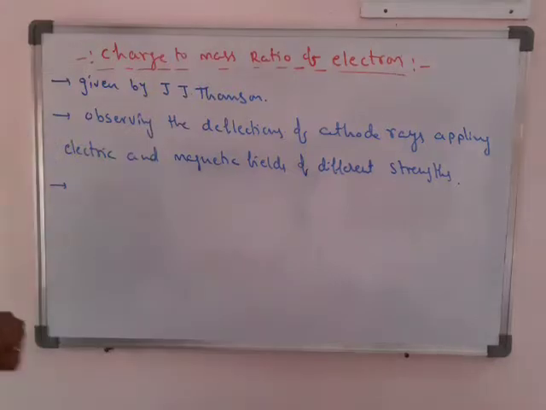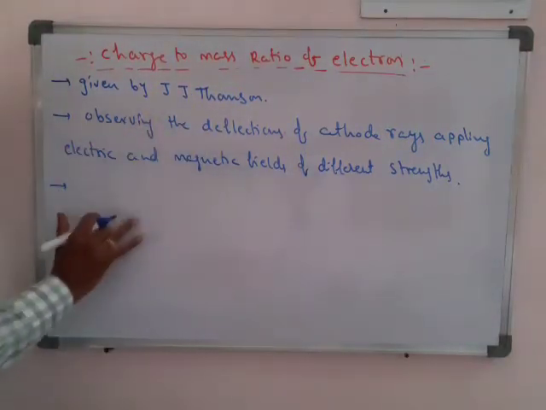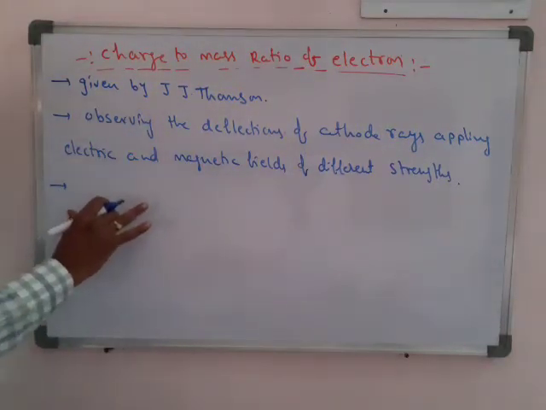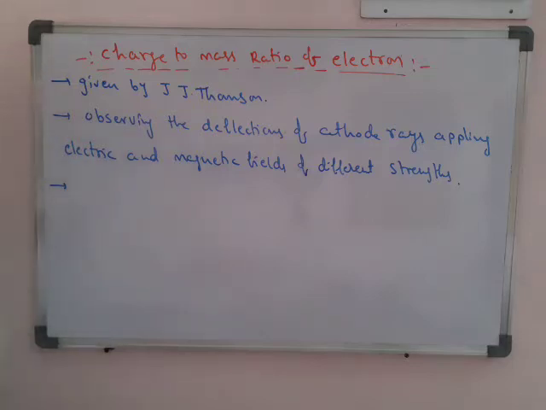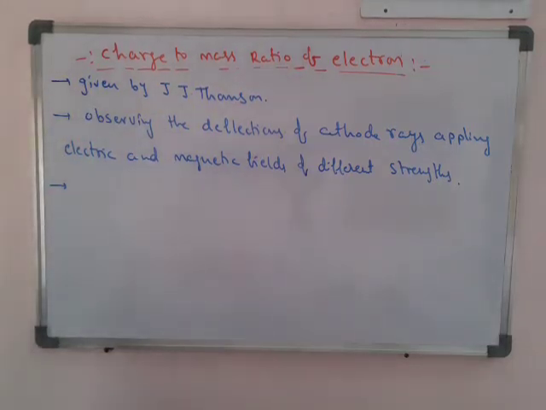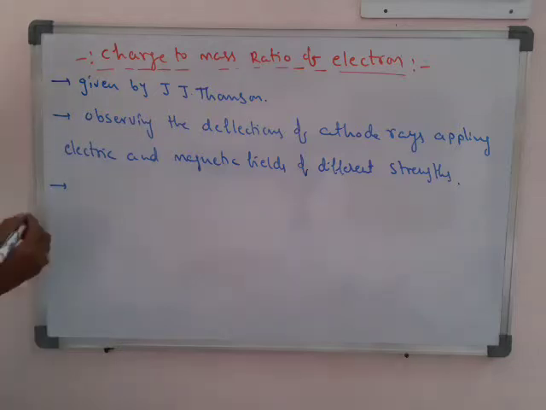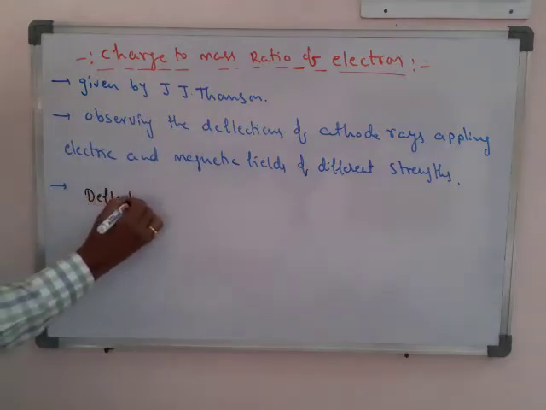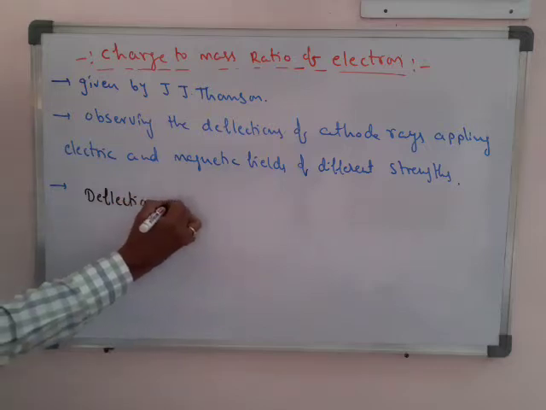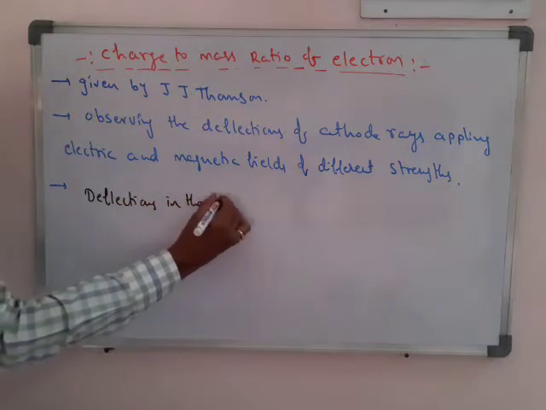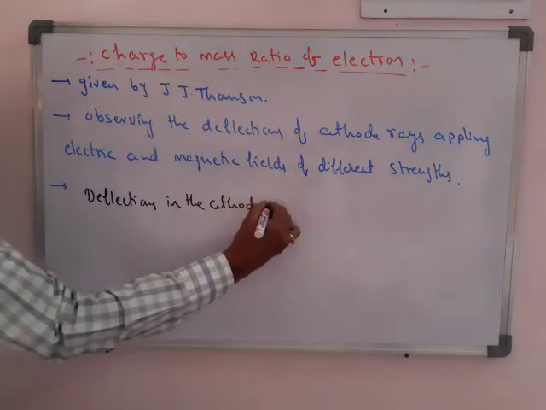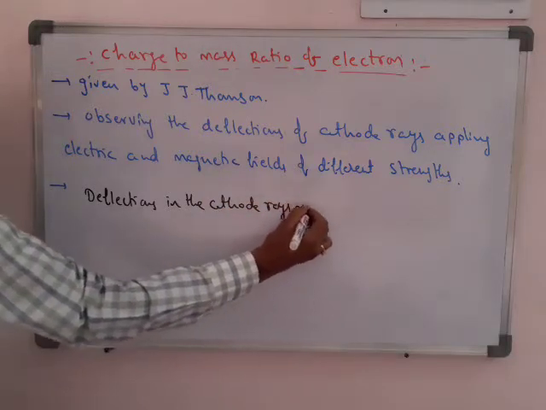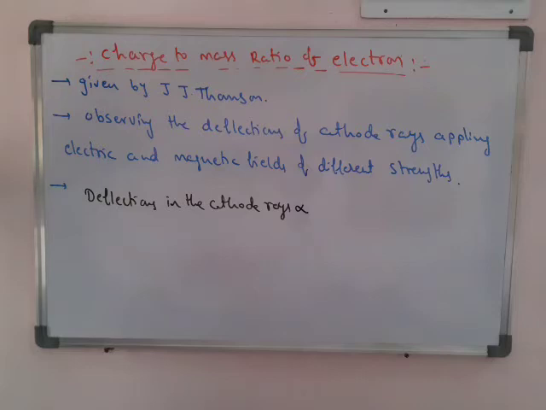On observing all these experiments, he found that the deflections in the cathode rays are directly proportional to the strength of the electric field and magnetic field.